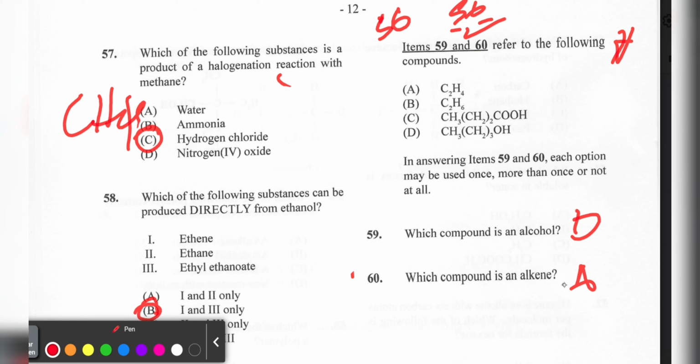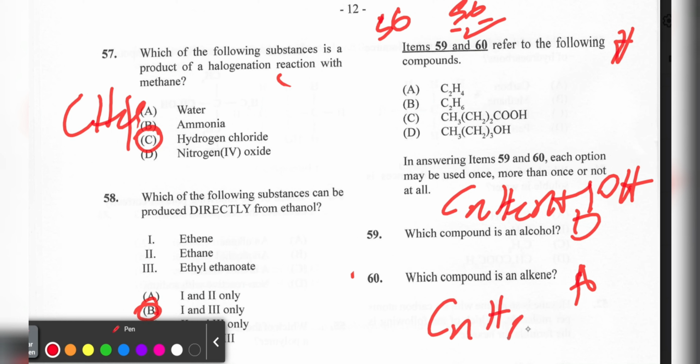Now you have to remember the general formula of these things. Alcohol is CnH2n+1OH, and for your alkene it's CnH2n. So all you need to do to check if these things fit into these categories is just look at the formula. So let's look at the alkene, for example, right? You have two carbons, so n is 2, and then now you have 4 hydrogens. 2 times 2 is 4. So it definitely fits that general formula.